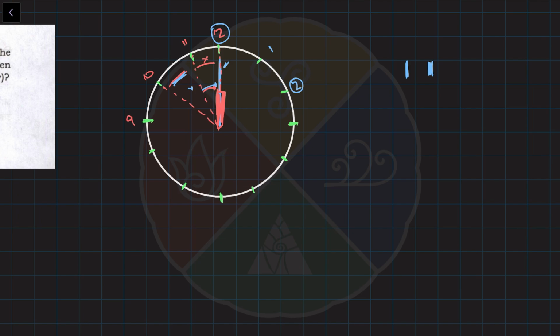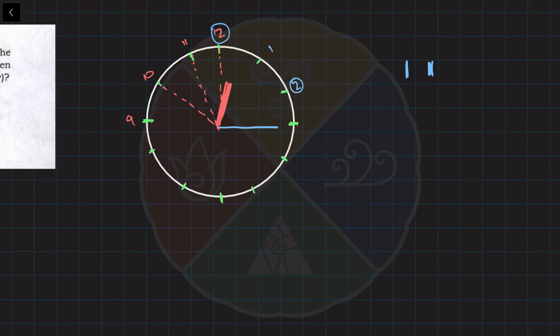Now, the next part is actually interesting. The hour hand will be starting here. The minute hand is much faster. That basically means the first to leave this area will be the minute hand. The hour hand will only move very slightly. You can't even see that. After some time, the minute hand will keep on moving and reach here, and by that time the hour hand will be somewhere over here.